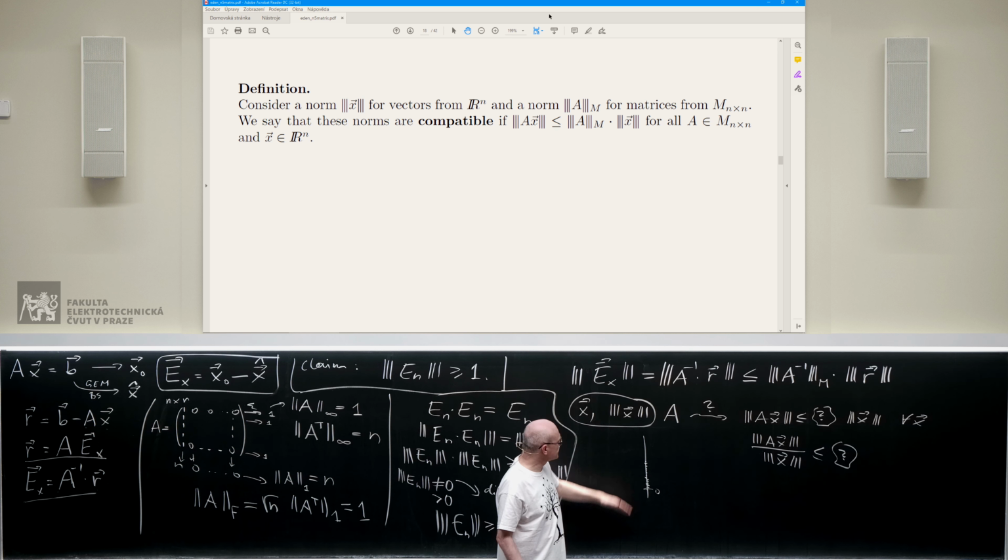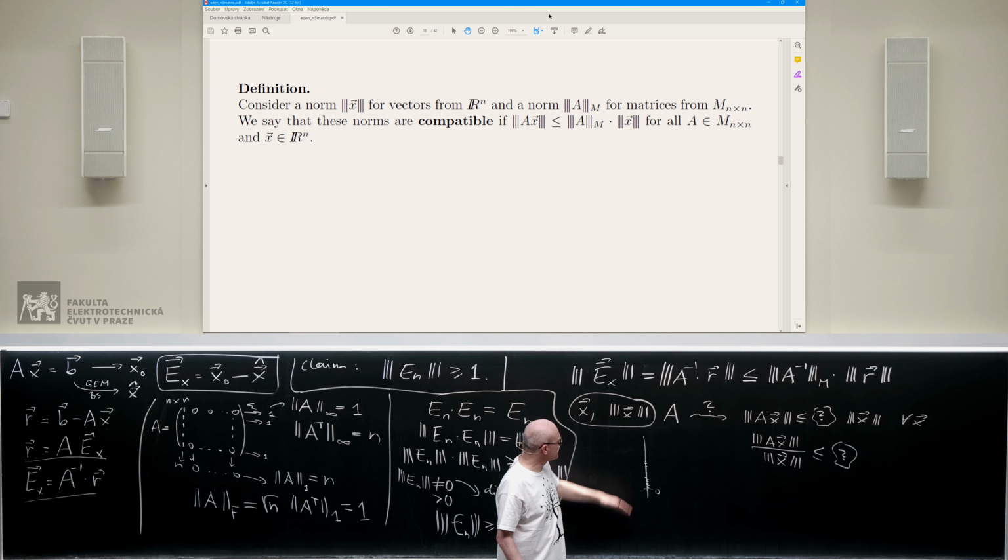We found a residual, and we know that the residual and the error are connected in two ways. Let's have a look at it this way. I'm interested in the magnitude of the error, so I choose some vector norm, typically infinity norm, but let's not restrict ourselves. What is the infinity norm of my error?